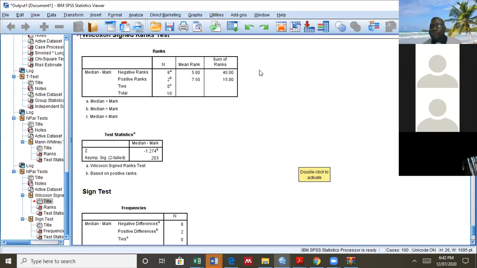I don't know if you understand now. It doesn't really matter which one is smaller, positive or negative rank, but the one that is smallest is the statistic. So for the sign test, the 2 is the statistic, and the p-value you see downstairs. For the Wilcoxon signed rank test, the sum that is the smallest is the statistic.